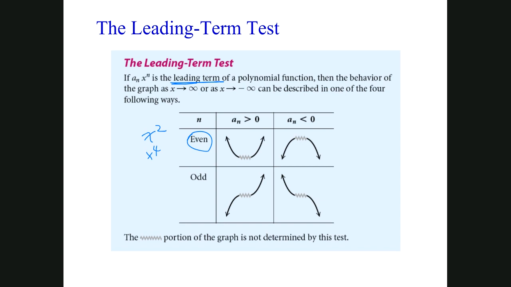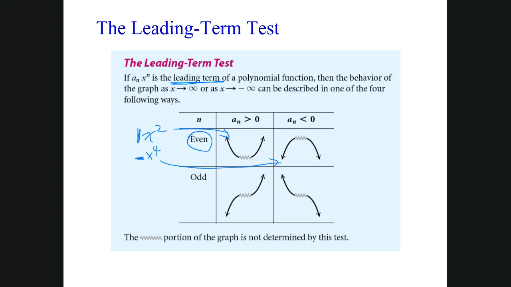With an even power, the graph is either facing up or facing down, depending on the coefficient. If the coefficient a is positive, it faces up. If the coefficient is negative, it faces down.